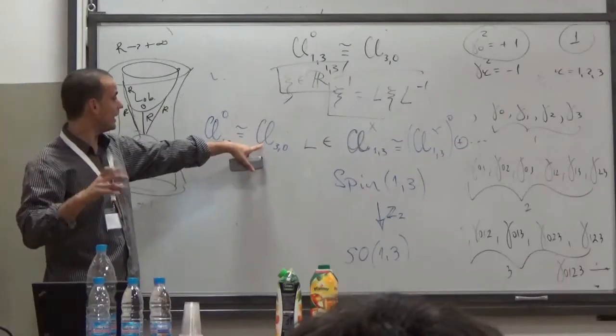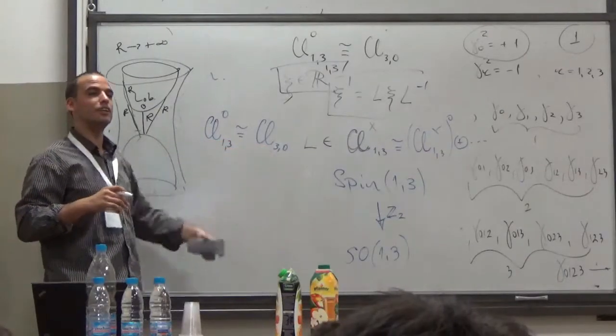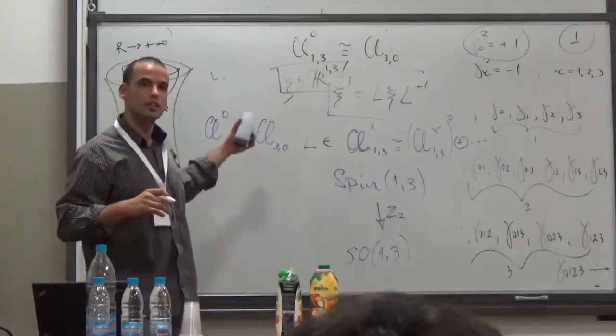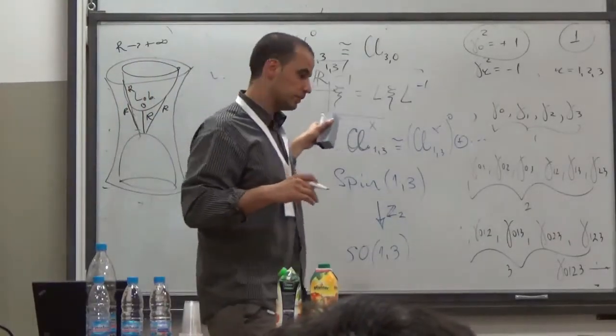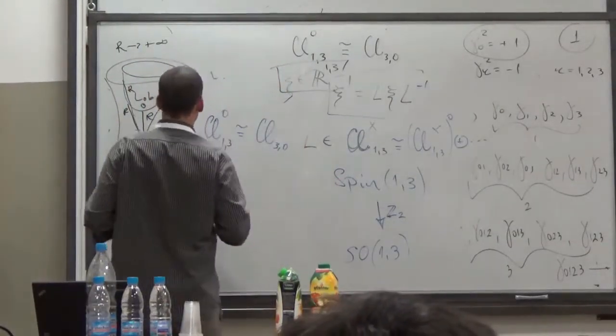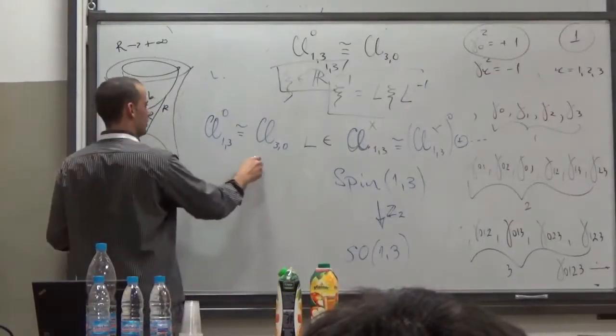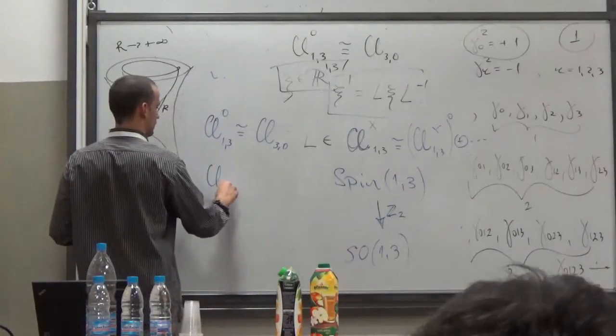If you take invertible elements here, you already have the Lorentz group pretty straightforwardly.